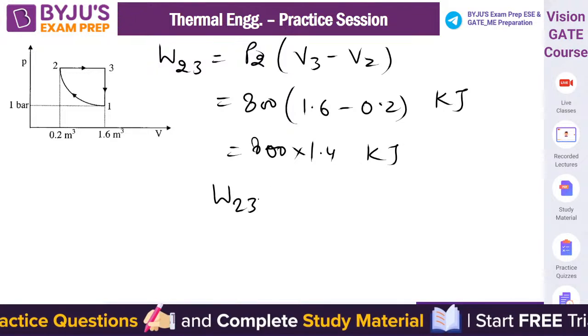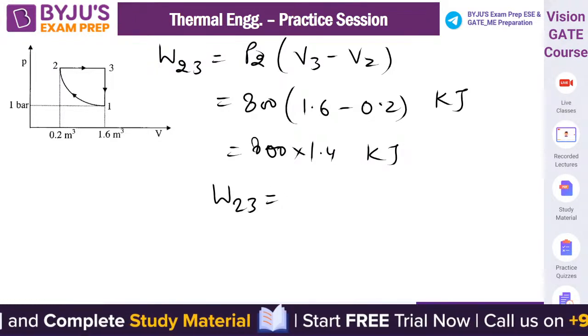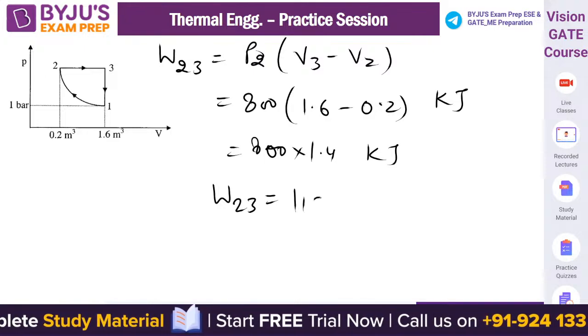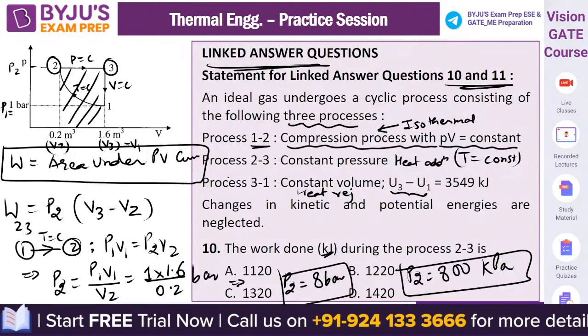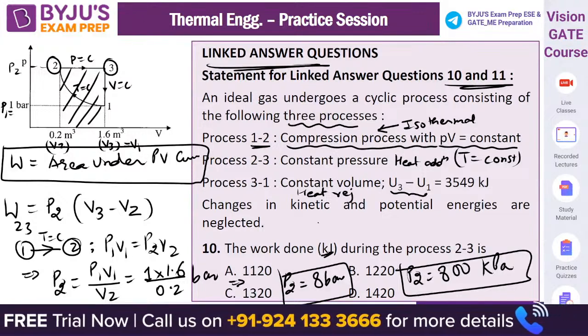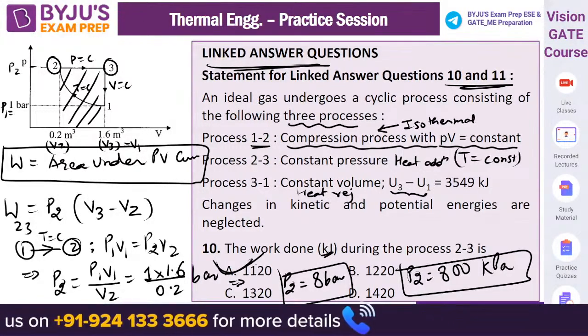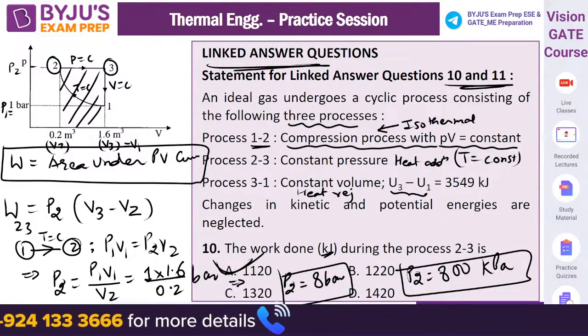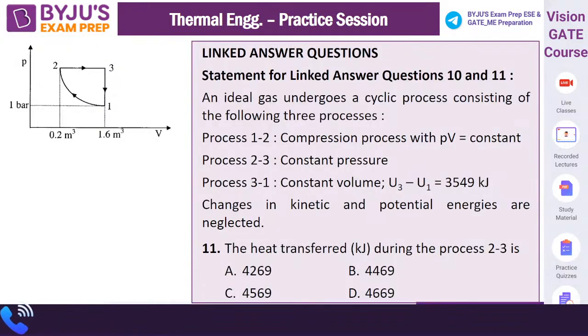So work 2 to 3 is equal to, how much is that? 1120 kilojoule. It will be 1120 kilojoule. The option A is the correct answer. Option A will be the right answer. Isn't it? Option A will be the correct answer.